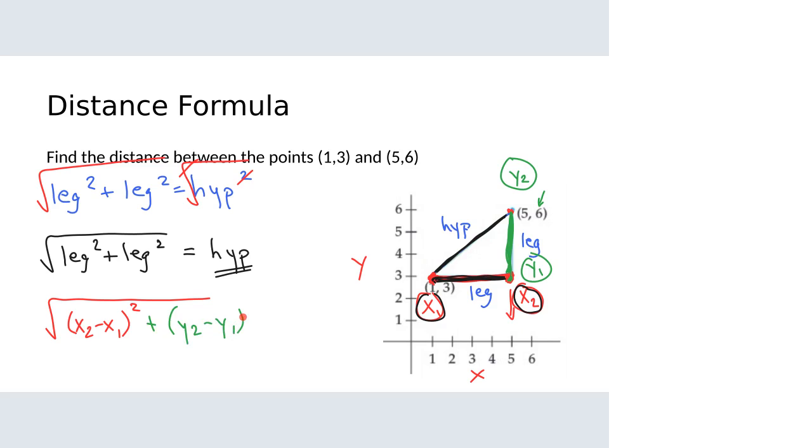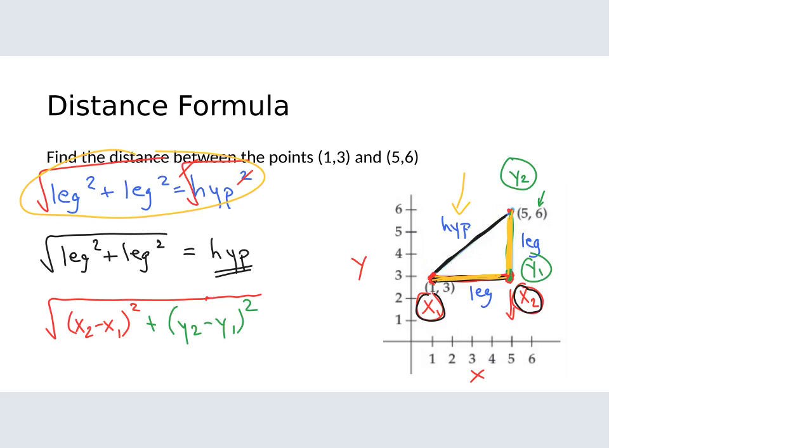Combining the idea that if I do some subtraction, I can find out how long this leg is, and if I do some subtraction, I can find out how long this leg is, and if I know the length of those two legs, I can use the Pythagorean theorem to figure out the length of the hypotenuse.